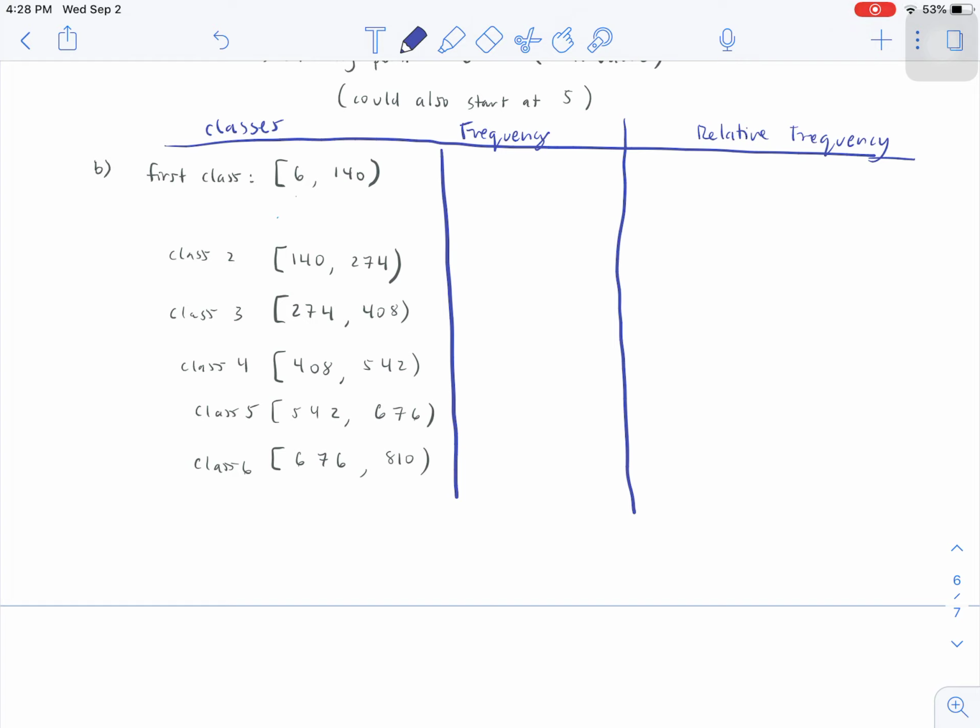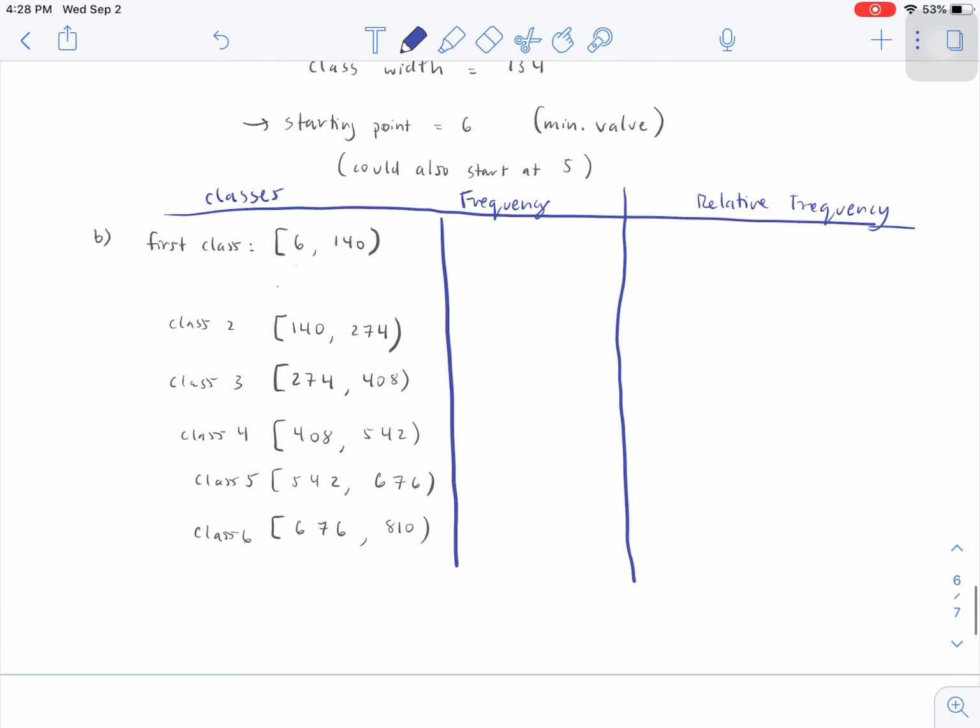Well, all I want to do is count up how many data points are in each interval. So first, let's take our first interval from 6 up to but not including 140.